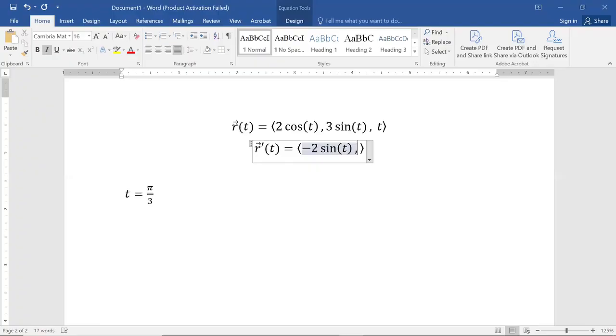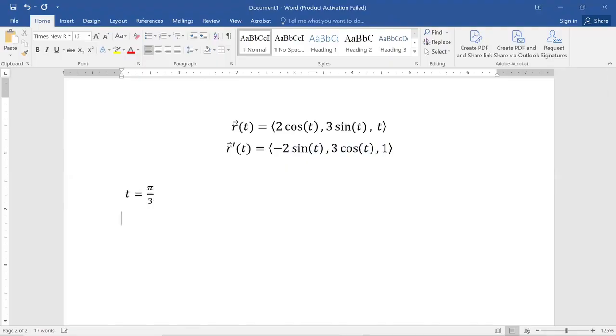If I take the derivative of 3 sine of t, I get 3 times cosine of t as my second component. And then the derivative of t is 1. So r prime of t is negative 2 sine of t, 3 cosine of t, 1.